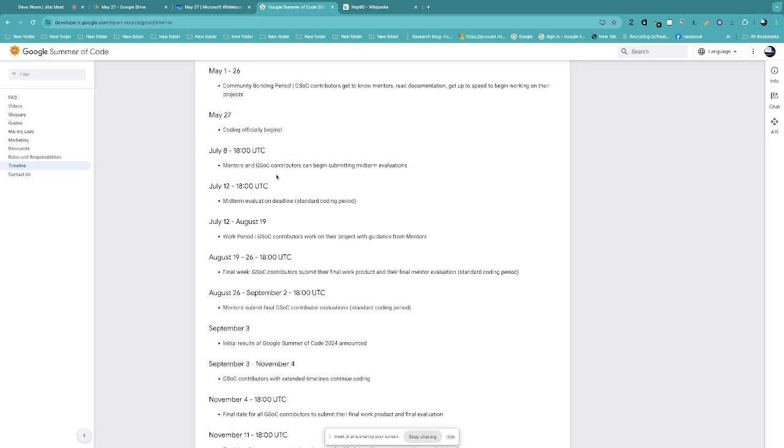We're going to have, I think, two evaluations over the summer. We're going to submit an evaluation for both Pakhi and Mehul, and July 12th is the first one. Then the second is at the end of the program, August 26th through September 2nd, and I'll submit an evaluation then too.